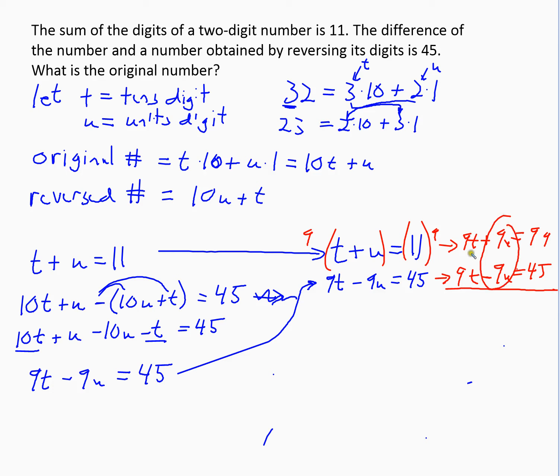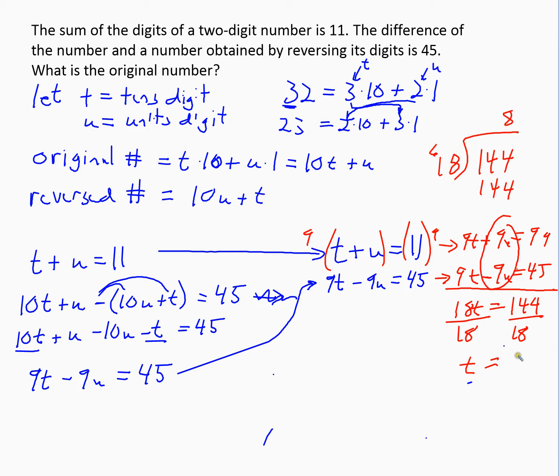So we have 18t is equal to 144. Dividing both sides by 18, we get 8. 144 divided by 18 is 8.